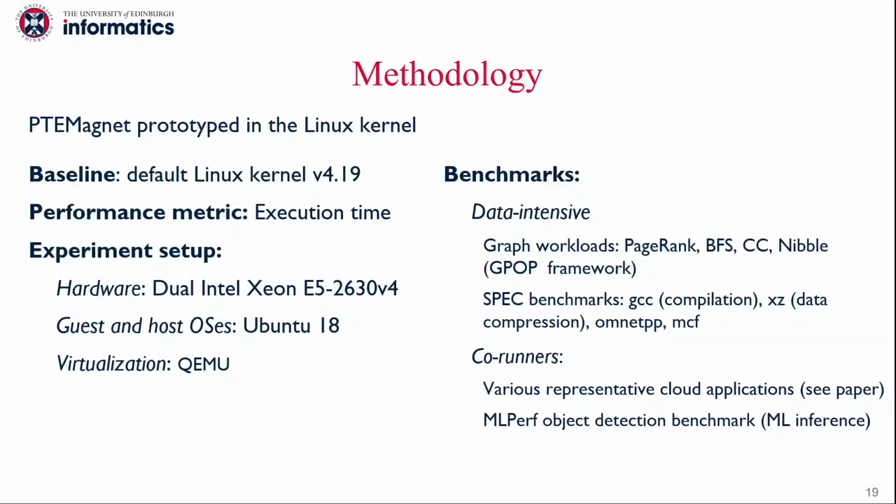We evaluated multiple applications, such as graph analytics applications, and selected SPEC benchmarks, including compilation and data compression benchmarks. As co-runners, we used various representative cloud applications that are listed in the paper. Moreover, we found that just one benchmark, MLPerf inference for object detection, can cause high fragmentation in the guest physical memory and slow down page walks a lot.